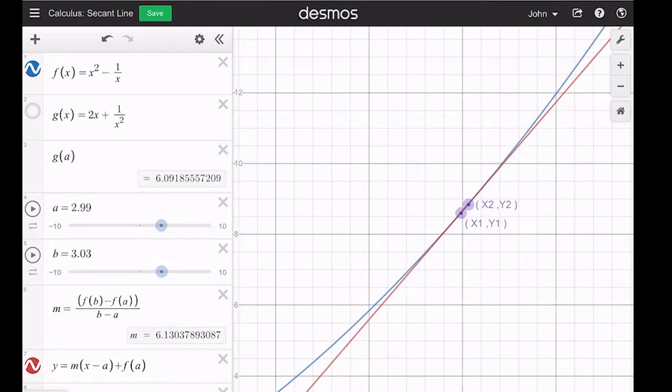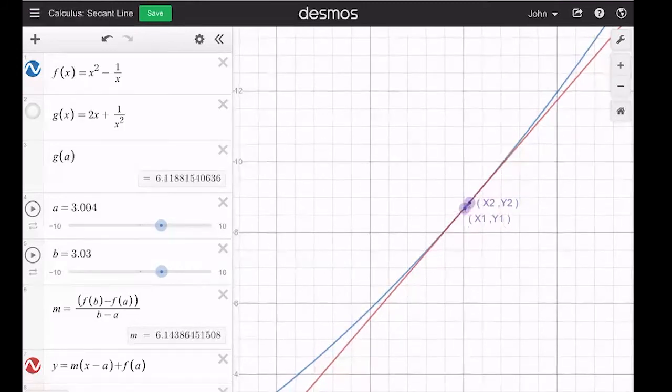And if I make a exactly 3, the slope at a is exactly the same thing. I can't quite make it exactly 3. So the slope at 3 by the formula is 6.12. By our estimation it's 6.16. So you can zoom in and they'll actually become exact if you zoom in closer and closer.